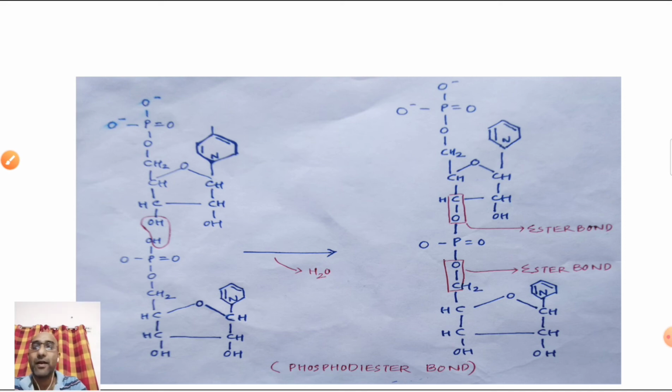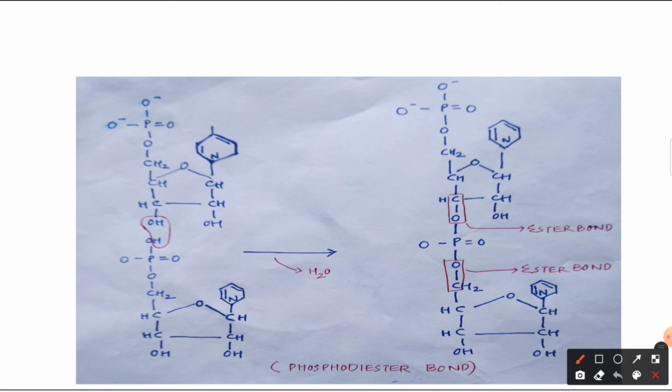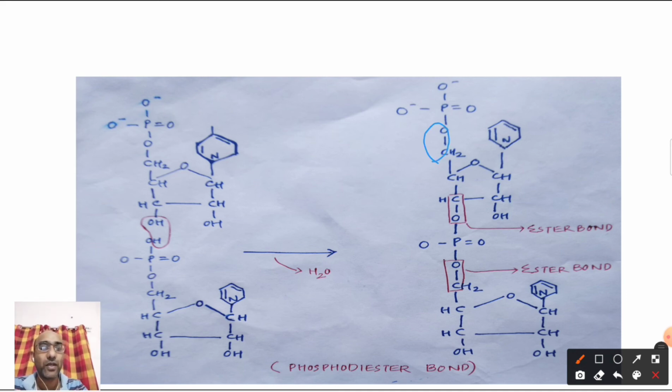Okay. Now let me show you here. Already an ester bond is formed between this pentose sugar and phosphate group. Here also pentose sugar and phosphate group.